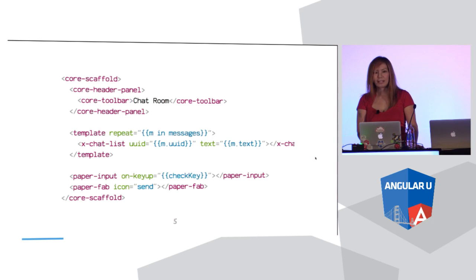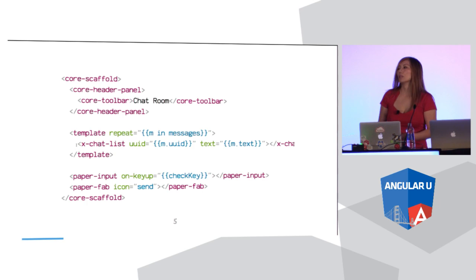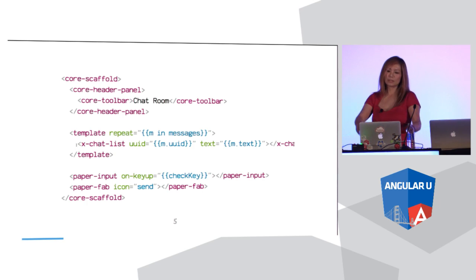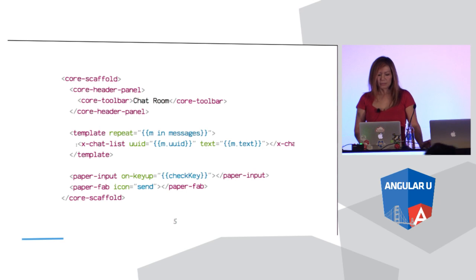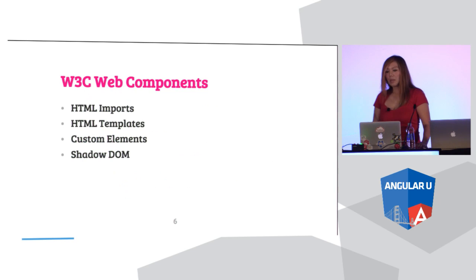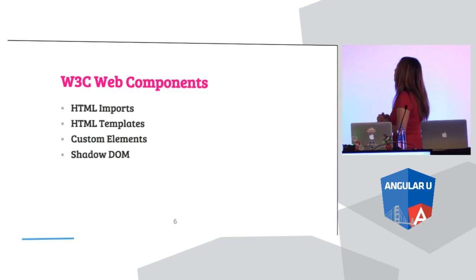It's easier to maintain, and you can understand what's going on. Let's say in the middle there's repeated content, something called XChat list. I'm going to talk about that a little later. It's easier to understand. You can just give your markup to somebody else, and everybody should understand somehow.